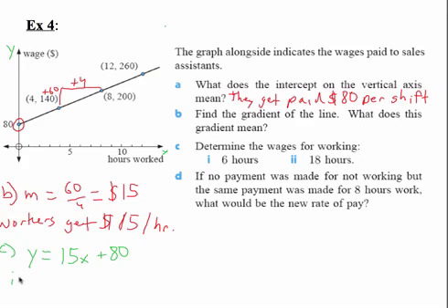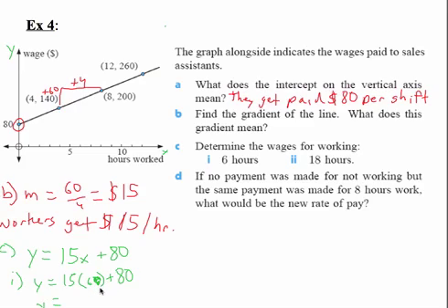So for part I, I'm going to work out y equals 15 times 60 plus 80. So 15 times 60 plus 80 is going to give me $980. Okay, so y equals, oops, pardon me, that was 6 hours, not 60 hours.